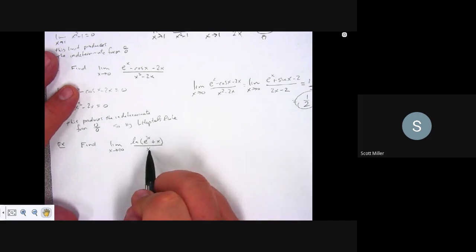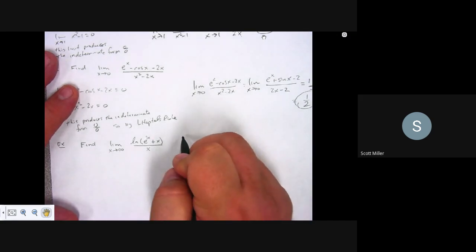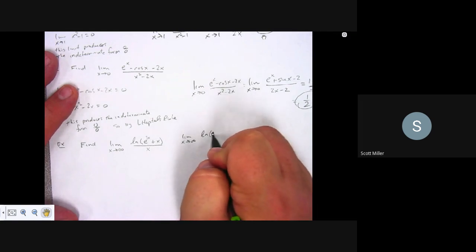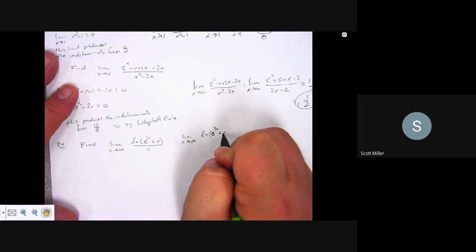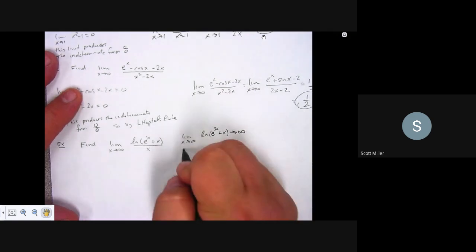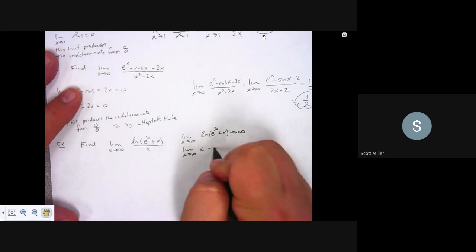If I plug in infinity, that's infinity. If I plug in infinity, that's infinity. So what I have here is the limit as x goes to infinity of the natural log of e to the 3x plus x. This thing goes to infinity. And the limit as x goes to infinity of x goes to infinity.